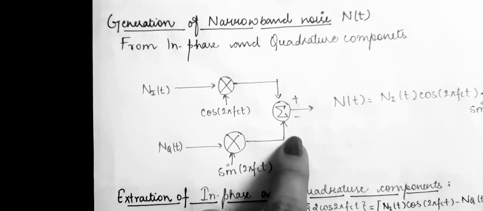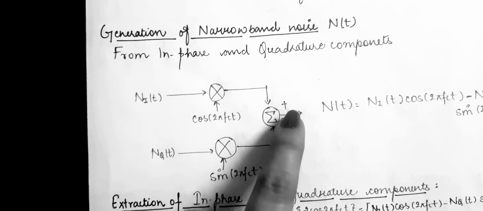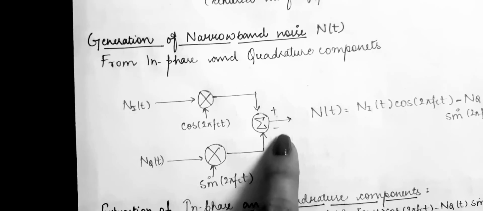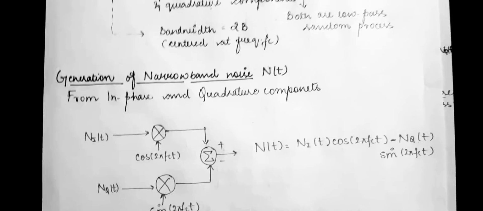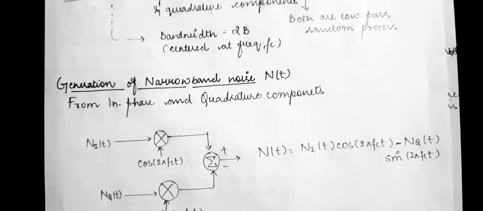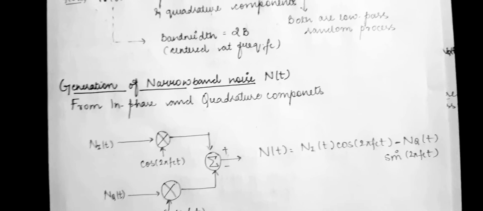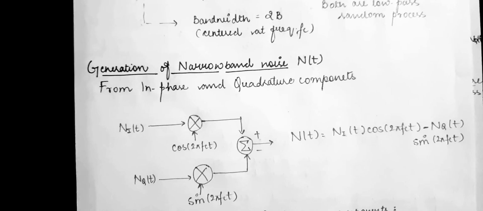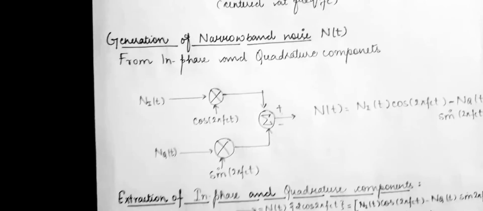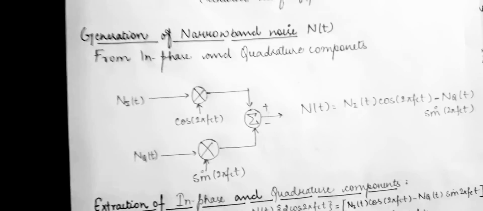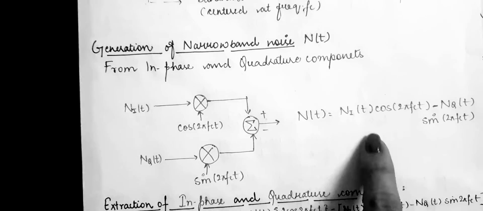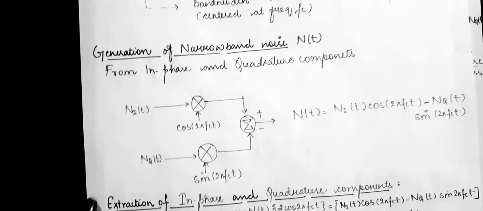Here we have a summer, where the in-phase component is positive while the quadrature component has a negative sign. So N(t) equals N_I(t) cos 2 pi fc t minus N_Q(t) sine 2 pi fc t. Here N(t) is represented mathematically in terms of in-phase and quadrature components having a bandwidth of twice B centered at frequency Fc. We can say that both terms are low pass random processes.